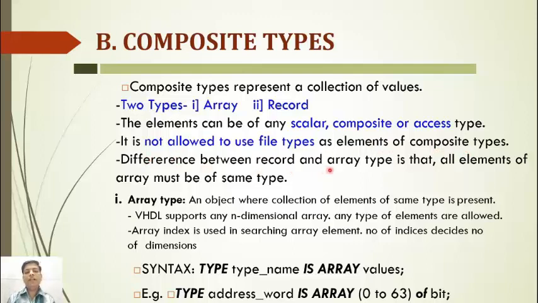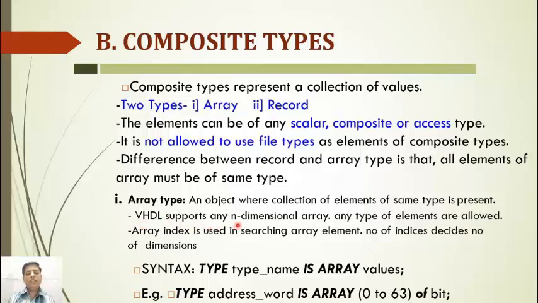The difference between record and array types is that all elements of an array must be of the same type. First, we have to study array type. An object where a collection of elements of the same type is present.